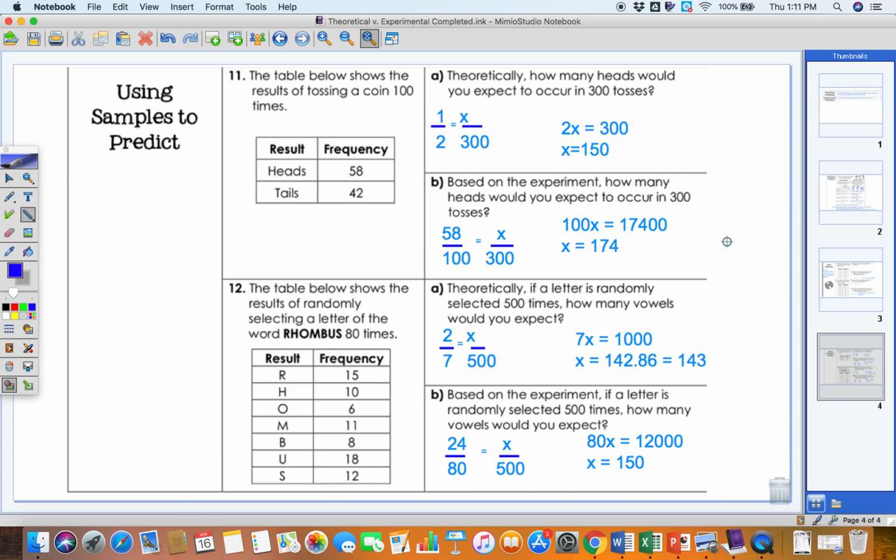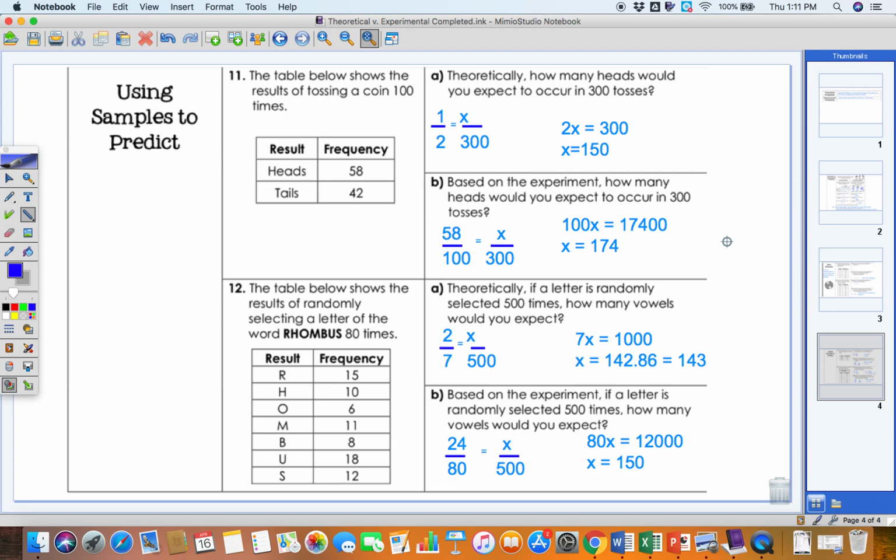Then we set that equal to x over 500 because we want to predict what would happen in 500 pulls. So we cross multiply and we get 7x equals 1,000, which is 142.86, which is approximately 143. So if we pulled letters 500 times, we would expect to pull vowels 143 times.